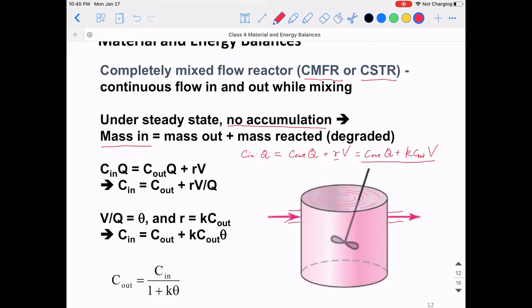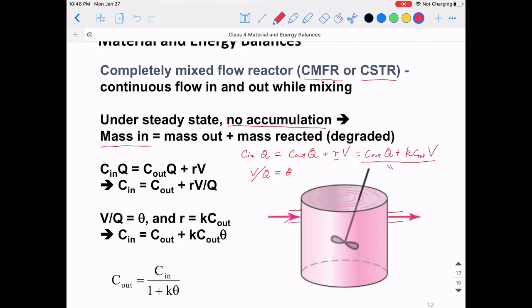This is the reason why we can calculate the outflow concentration directly based on algebraic relationships. Let's assume that V divided by Q, which is basically the characteristic time for the flow to mix within this tank, is equal to theta.